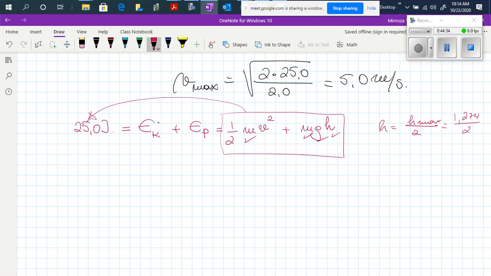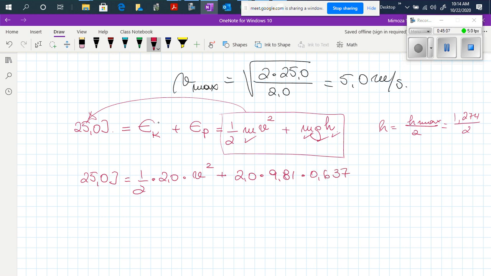I bet that a lot of teachers in Science 10 have done these kinds of questions with you when they were talking about the conservation law of energy. But let's go over and solve this. So this will be 1/2 times 2.0 times velocity squared plus 2.0 times 9.81 times 1.274 divided by 2, which is 0.637.